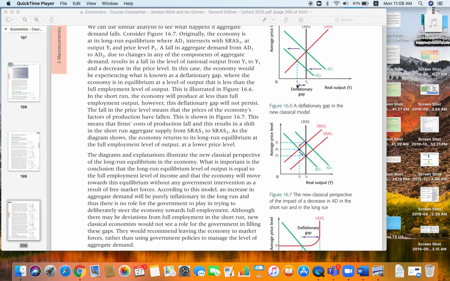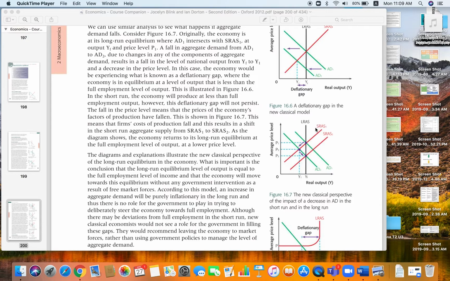So in the short run, the economy is going to produce less than it can, but it doesn't persist. The factors of production have fallen, right? This means that the firm's costs have fallen. So there's going to be a shift now to the right of your supply curve. So in response to factors of production costs falling, there's now a shift to the right because it's now cheaper to produce, so they're going to increase their quantity.